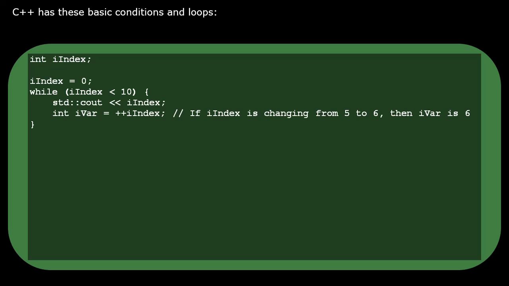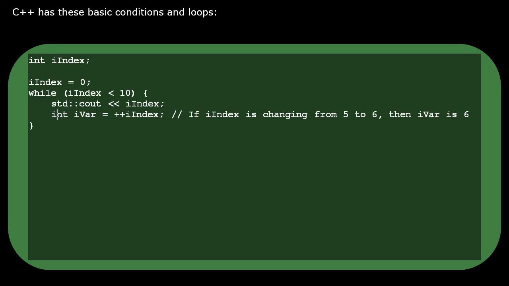That only makes a difference if your code is doing two things at the same time, both accessing the value of this variable and changing its value by incrementing. If you write it as a prefix operator, then the changing happens before the accessing. If you write it as a postfix operator, then the accessing happens before the changing.